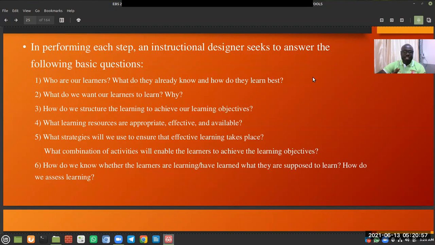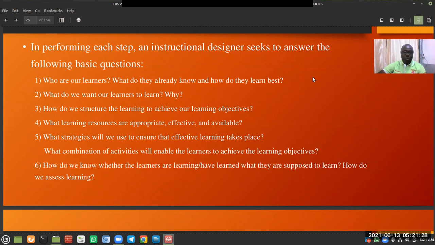What strategies then do we want to use to ensure that we have an effective learning taking place? What kind of activities would we want our learners to be engaged in so that we can achieve our learning objectives? Once we think about this, we take the learners through these activities and we are good to go.